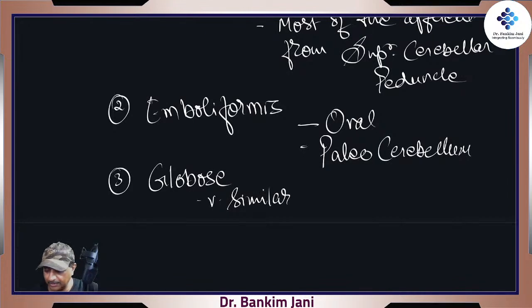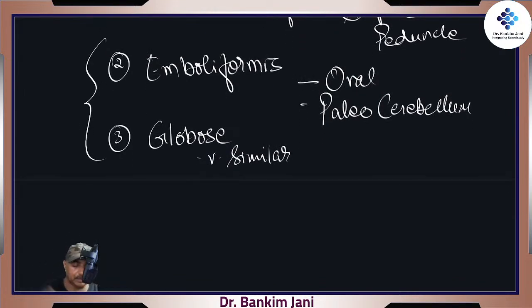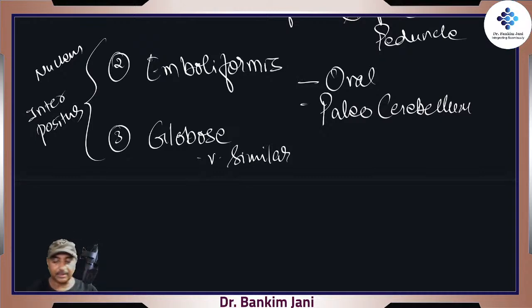That's the reason that emboliformis and globose are sometimes collectively called the nucleus interpositus. These are the nuclei sitting between the dentate and fastigial. So it is interpositus: emboliformis and globose.